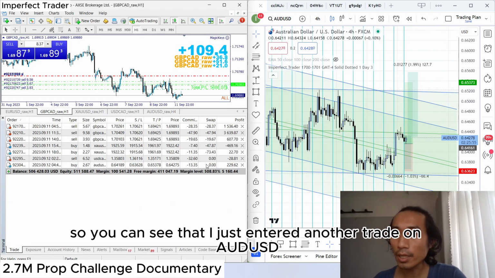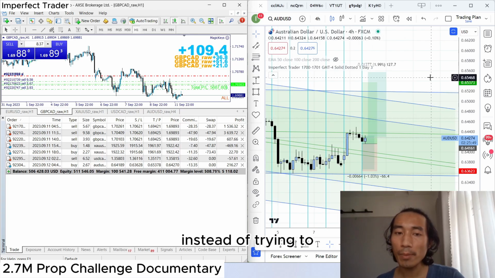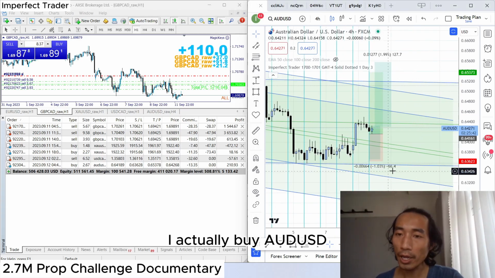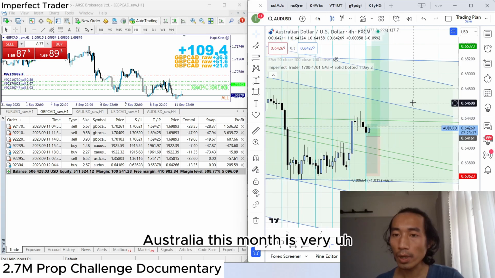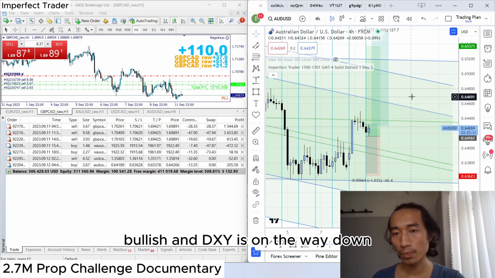So you can see that I entered another trade on AUD USD. Instead of trying to sell USD CAD, I actually bought AUD USD based on what I see. Australia this month is very bullish, and DXY is on the way down.